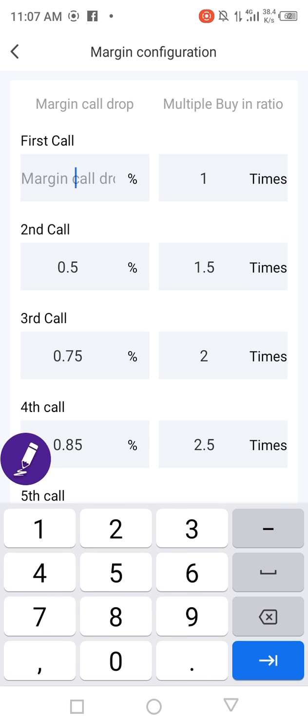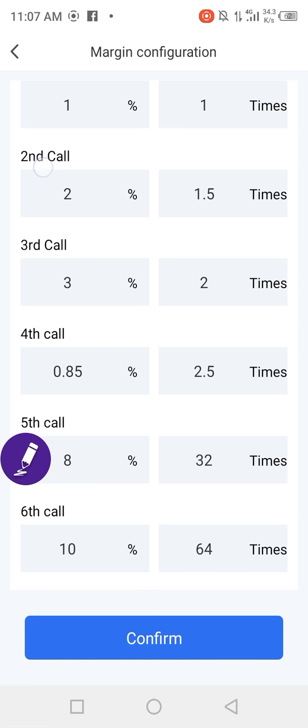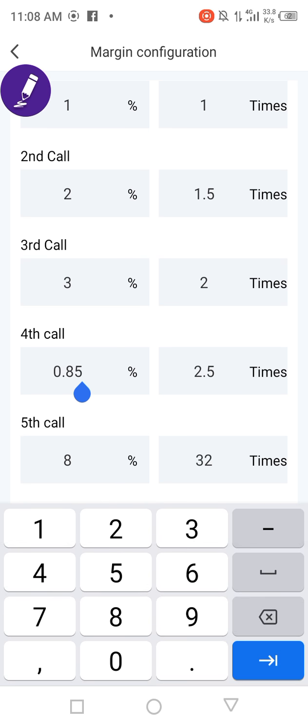Okay, let me assume 0.6 here, and then let's say 0.8 here. Okay, let's use figures that we'll understand faster. Let's use 1 here to understand it. After you have gotten the basic knowledge, you can edit. Let's say 2 here. Let's say 3 here. Let's say 4 here. And let's say 5 here.